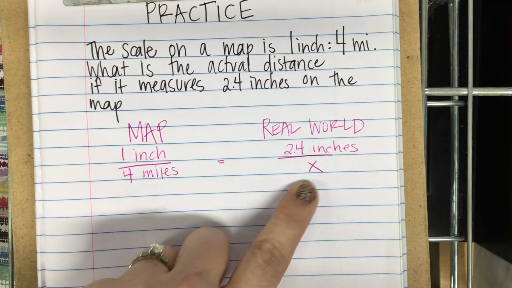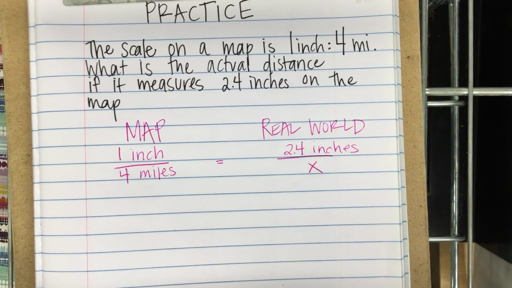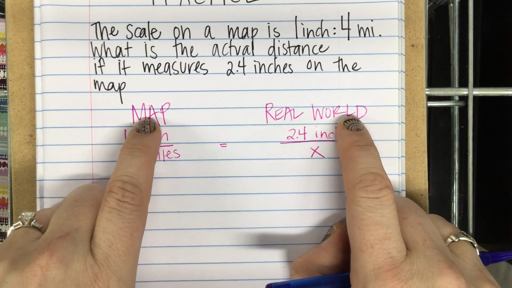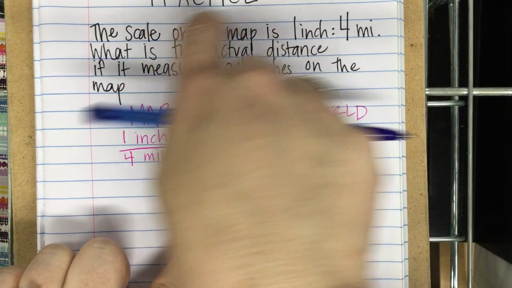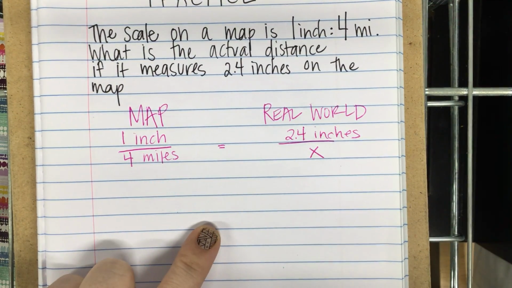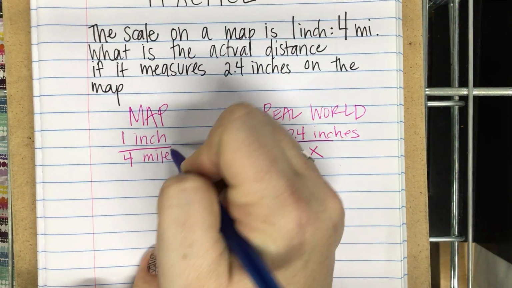And I don't know how many miles, right? X. Since they're equal fractions, my inches and my miles are in the same proportional relationship.